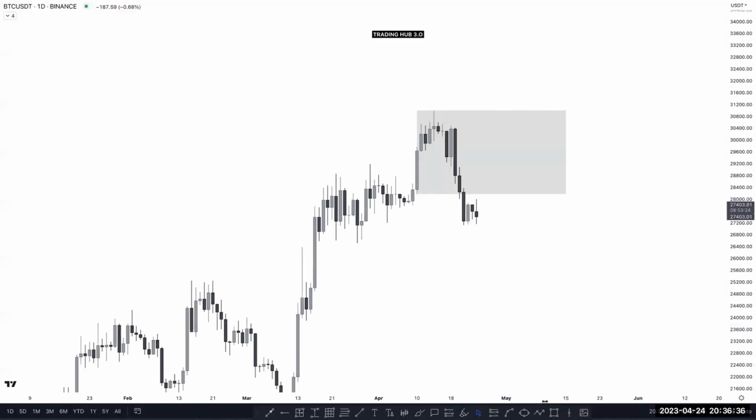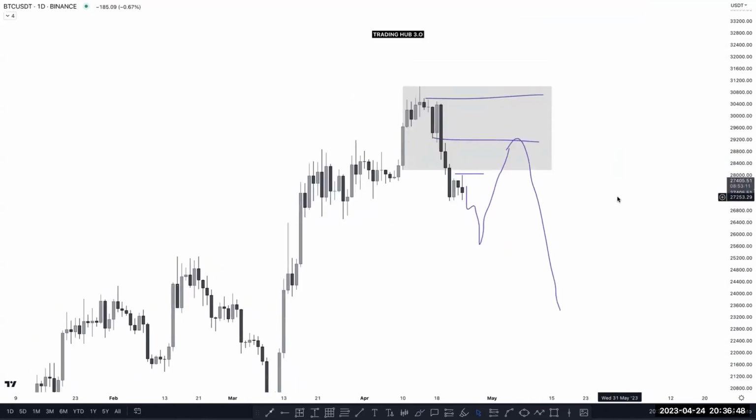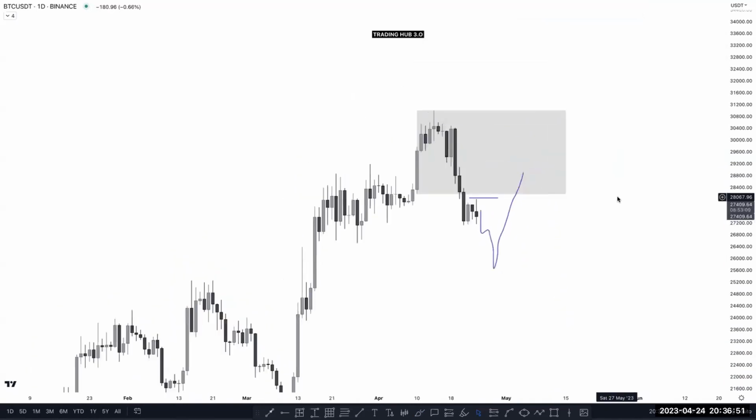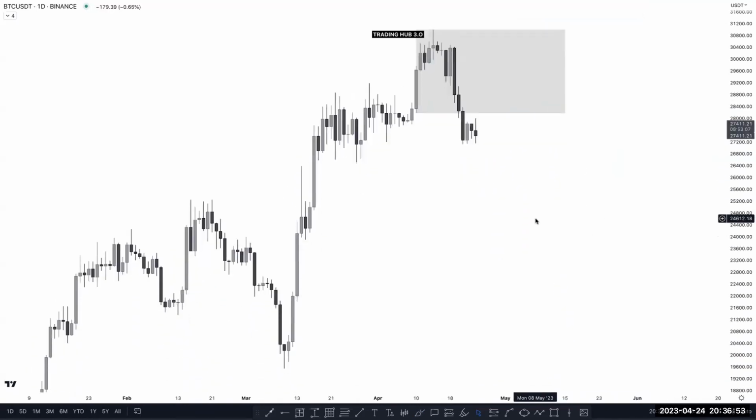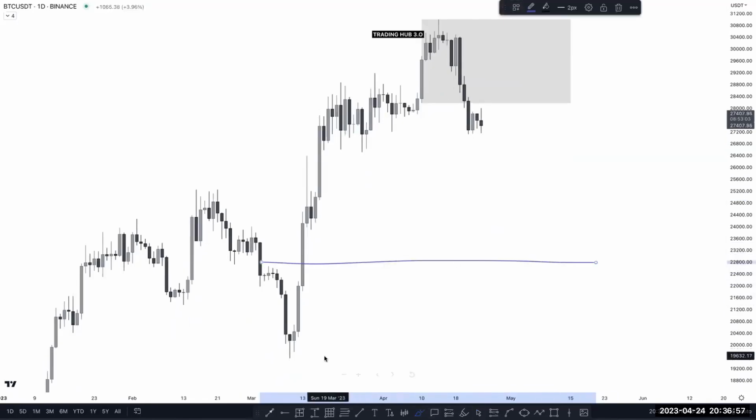Right now it is here. If price creates inducement, mitigates anything, and then sell, and sell till this order block, because this is our higher time frame, like the weekly order block, right?